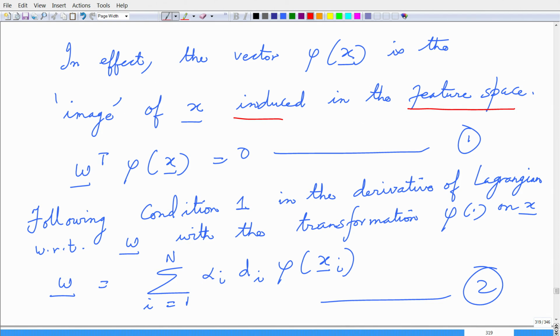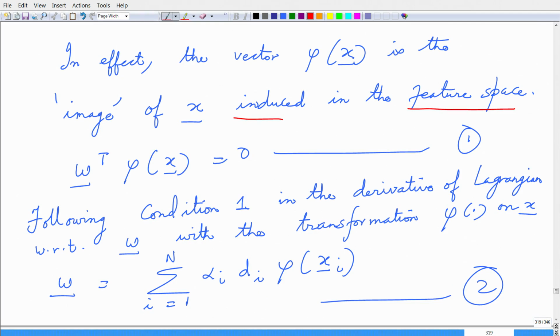We saw during the derivation of the SVM for linearly separable patterns, there was condition 1 in that expression, where I formulate the Lagrangian and I take the partial derivative of the Lagrangian with respect to the weight vector, and I set that equal to 0 for optimality. So that gave me this equation.